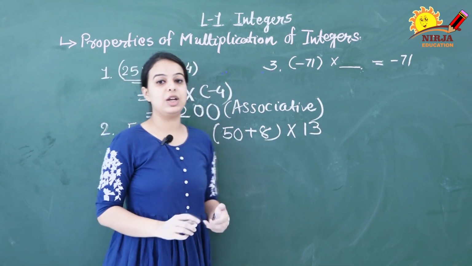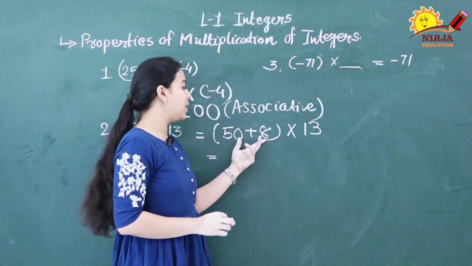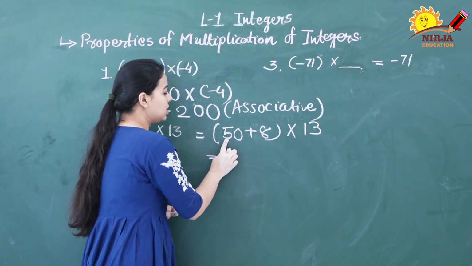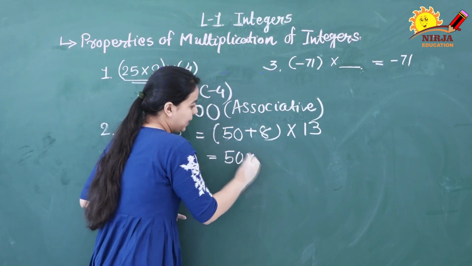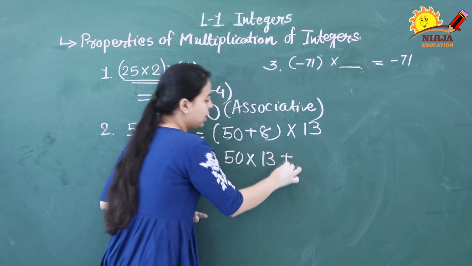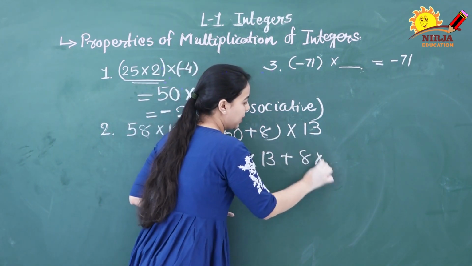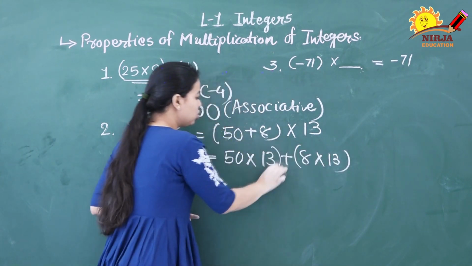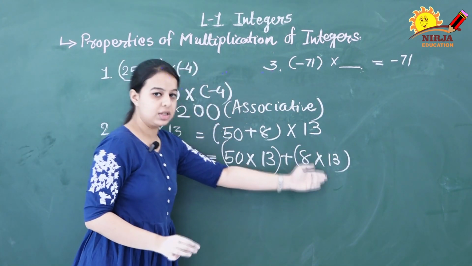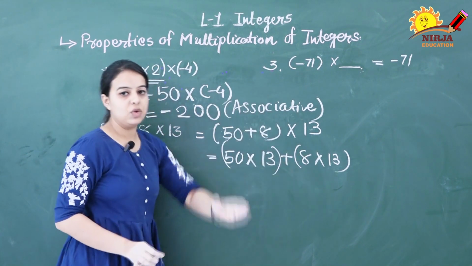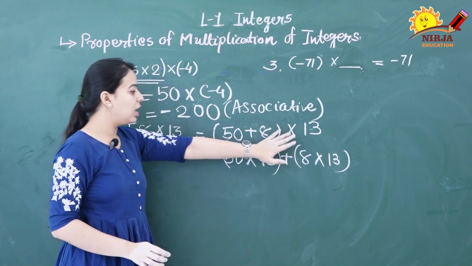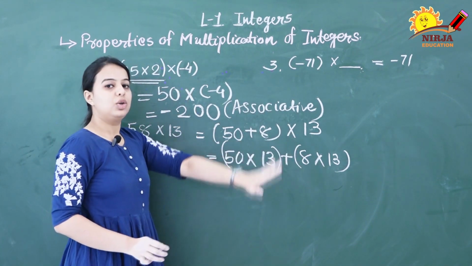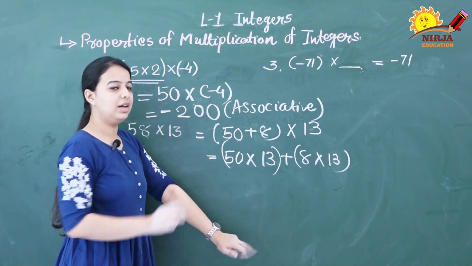So here we can use distributive property of multiplication, that is 50 multiplied by 13 plus 8 multiplied by 13. You need to solve these two brackets first, then you add, then you will have your answer. So here I am giving you the task to solve these sums and get the answer.